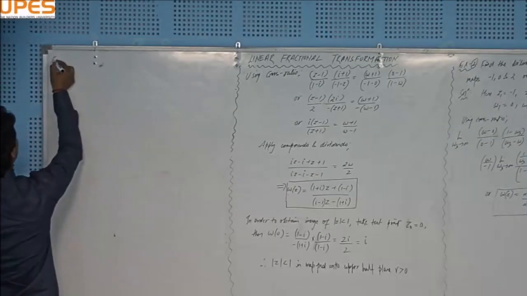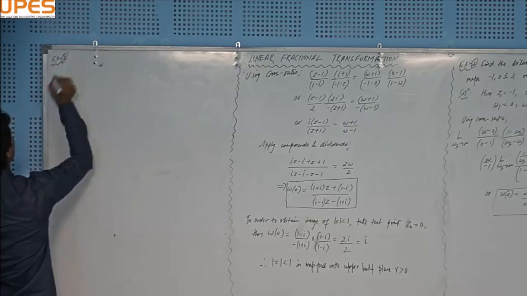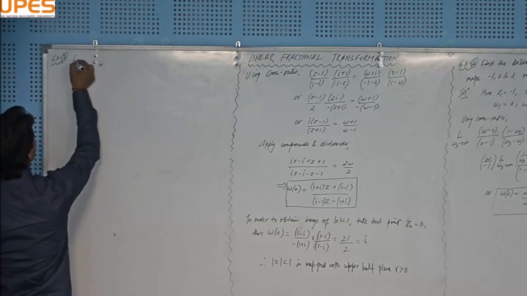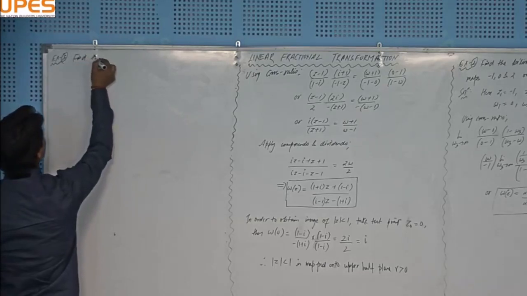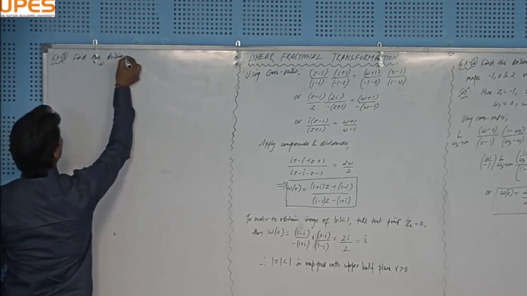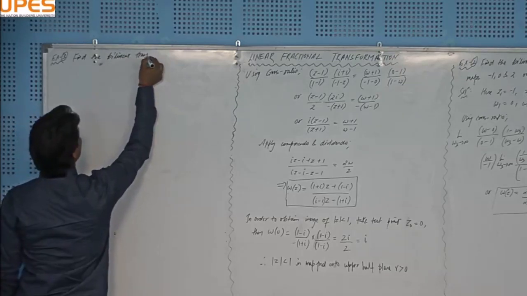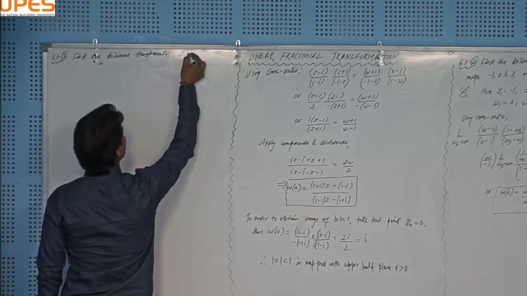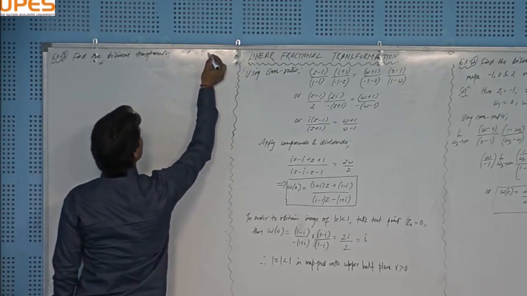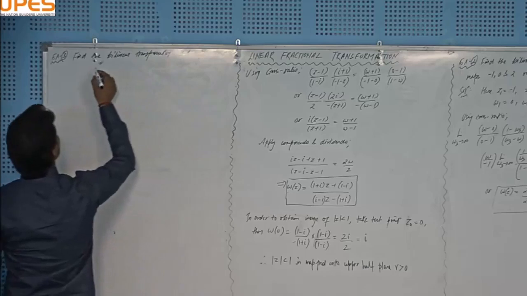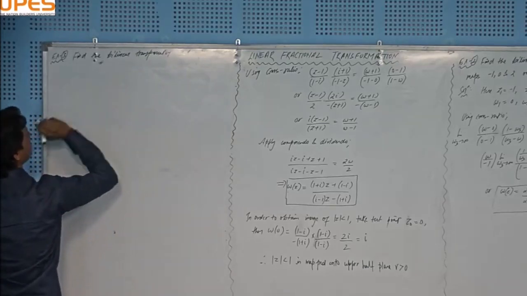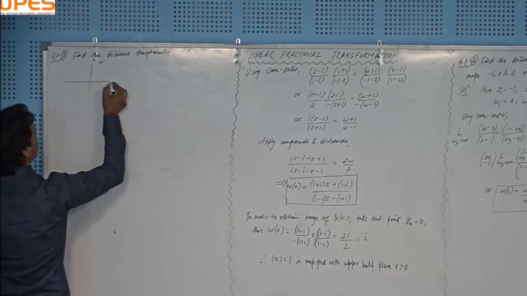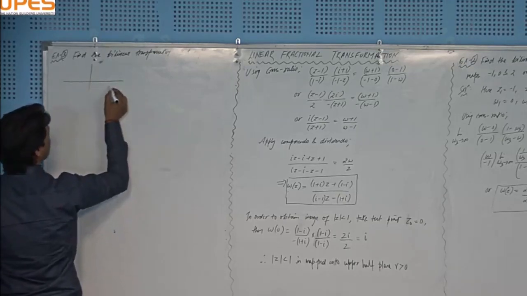Example number 3. This time find the bilinear transformation that maps this. This is Z plane, right?